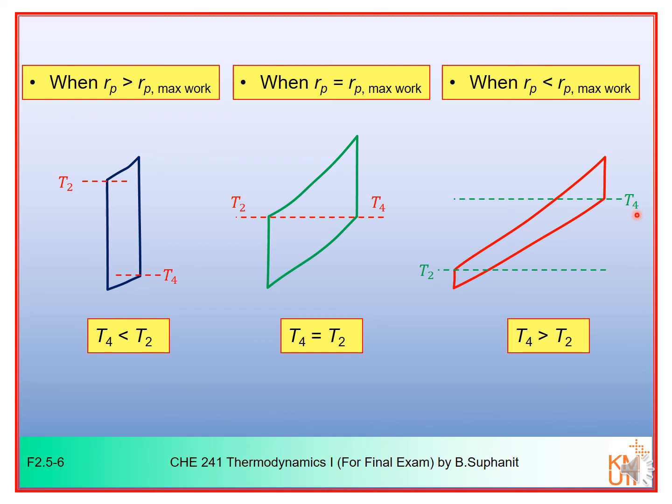If we are looking for an opportunity to recover heat between the turbine exhaust gas and the compressed air, we'll find out that we can only have one possible scenario here, which is at Rp lower than Rp max work. It is impossible to achieve heat recovery from the turbine exhaust gas at the other conditions, since T4 is less than or equal to T2.